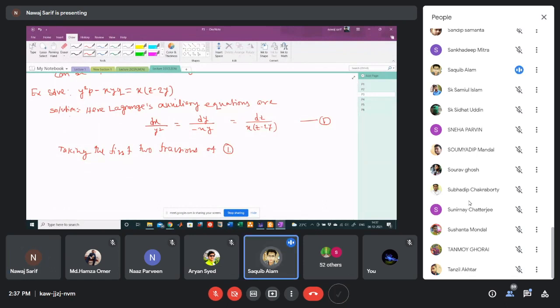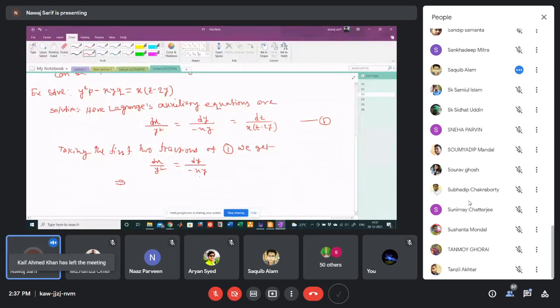So dx by y square is equal to dy by minus xy. Okay, y will be cancelled out, then you can write this as dx by y equals to dy by minus x. So you can write this as x dx plus y dy equals to 0, okay.